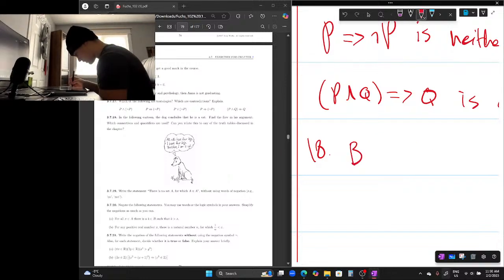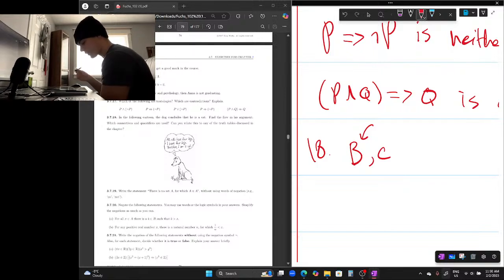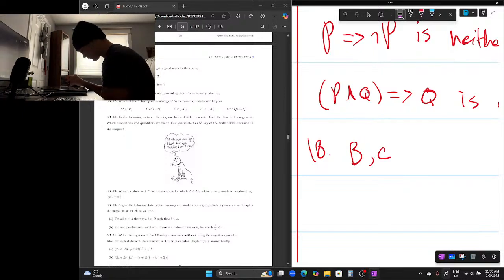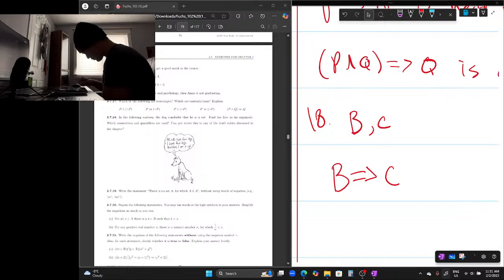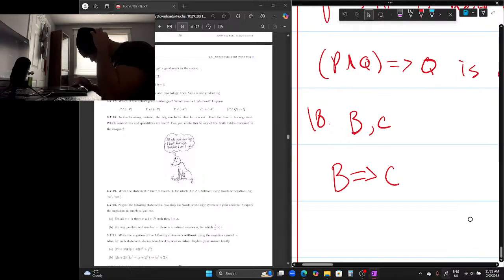So let's just write B and C, as B is yourself has 4 legs and C being you are a cat. So this would be B, if you have 4 legs, implies that C is true, which is not true.